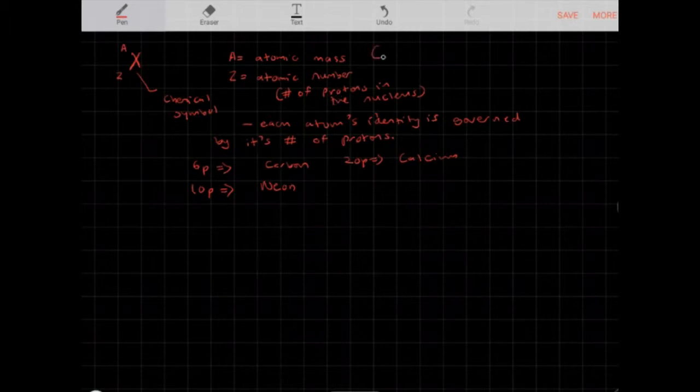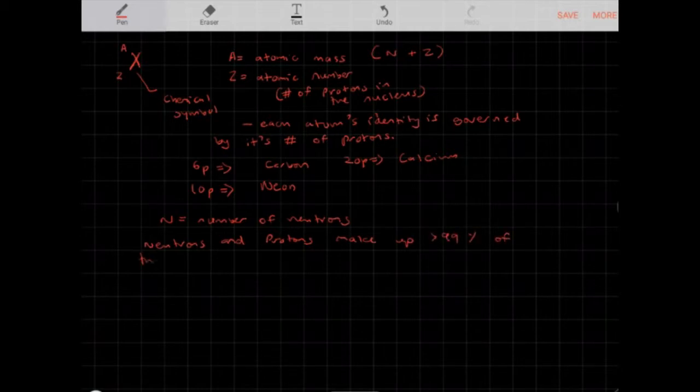The atomic mass is the number of neutrons plus the number of protons, right? So N is going to be the number of neutrons, and atomic number we said is the number of protons. And we know that the neutrons and protons make up more than 99% of the mass of an atom.